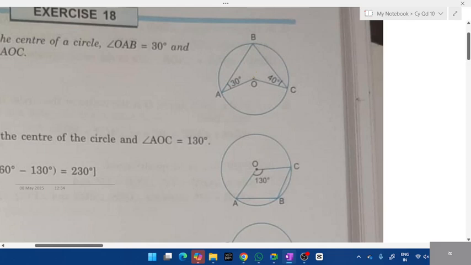All of you will answer the first one, students. Angle A is 30, B is 40. Both are radii, right? Then which one should I join? I have to connect O and B. Then which two angles are equal?